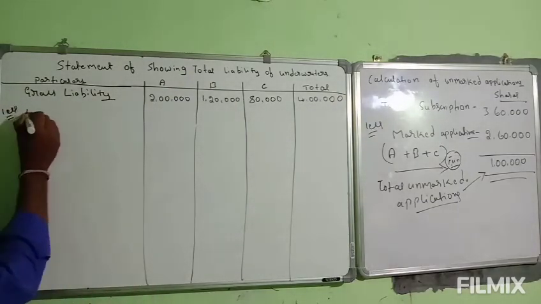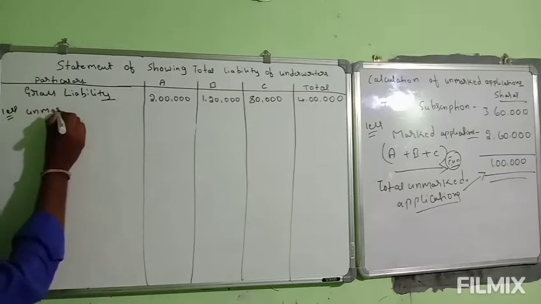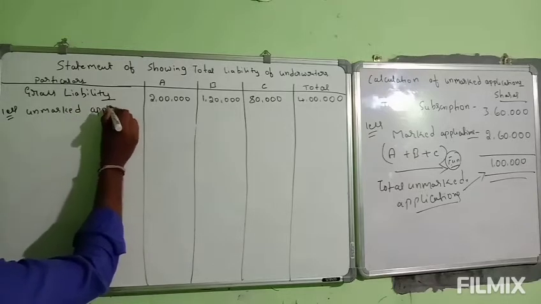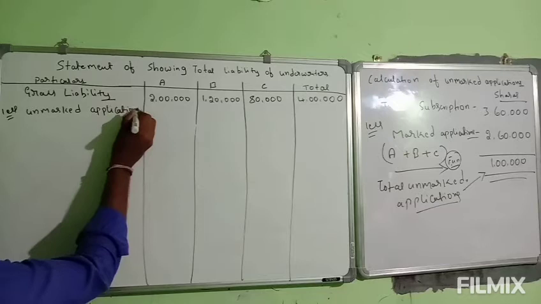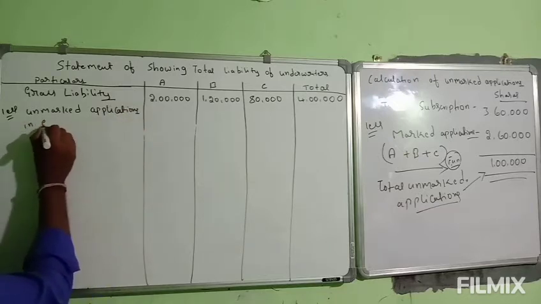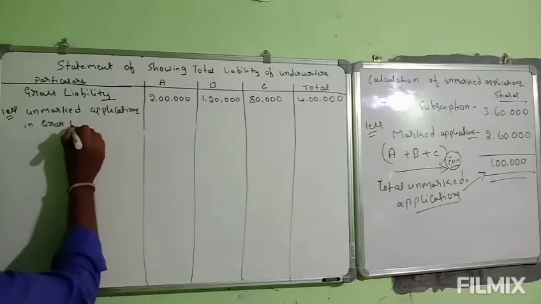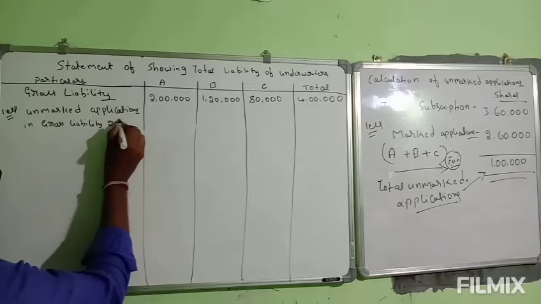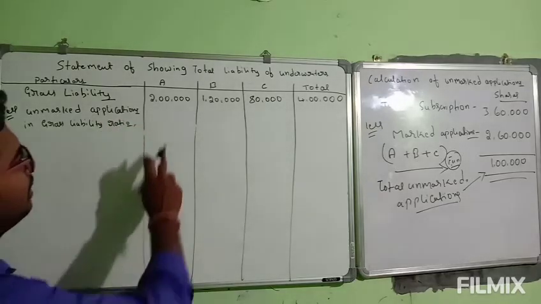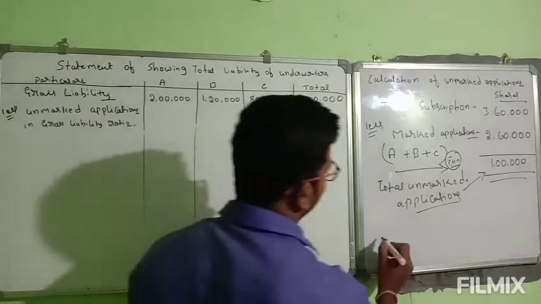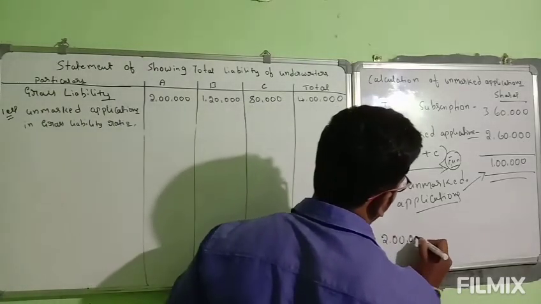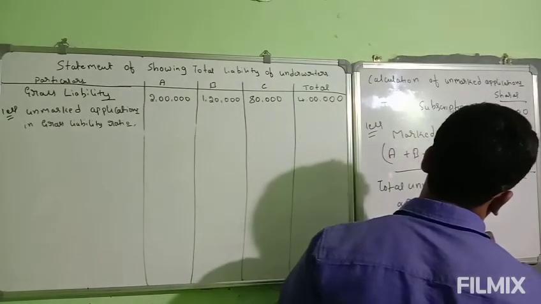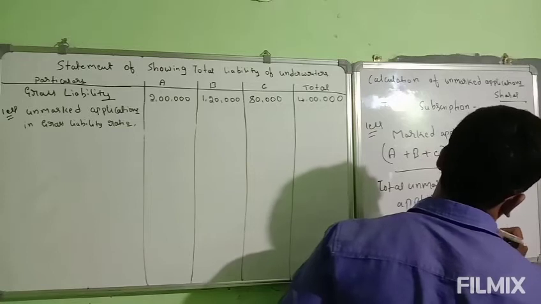Continue with the next step: less unmarked applications in gross liability ratio. So we should identify the gross liability ratio here. 2 lakhs is to 1,20,000 is to 80,000.